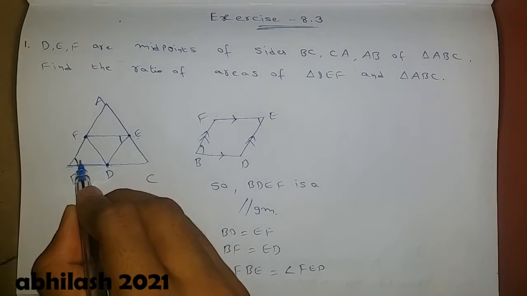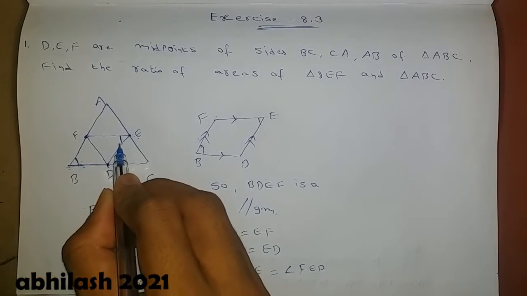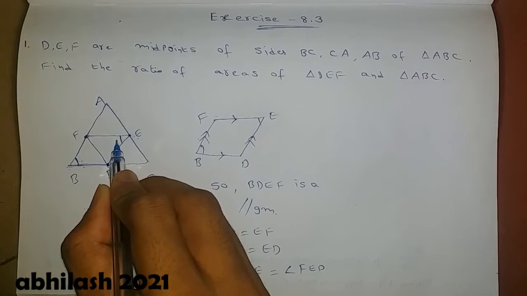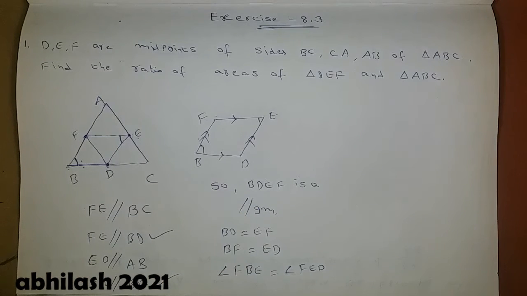So one angle of the bigger triangle is equal to one angle of the smaller triangle.